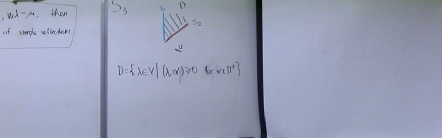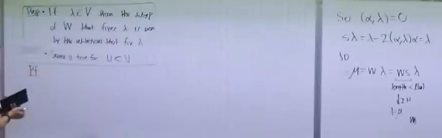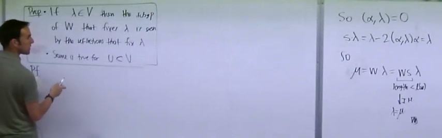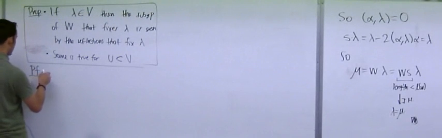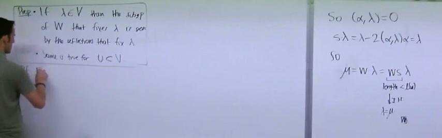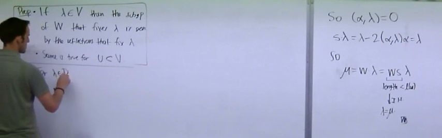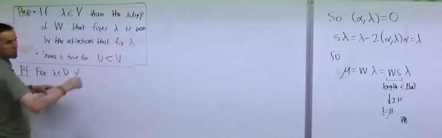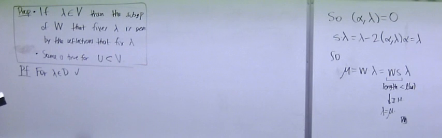Okay, so proof, well, basically, I already proved this for lambda in D, right? That's what that statement says for lambda in D. And so now I want to extend it.